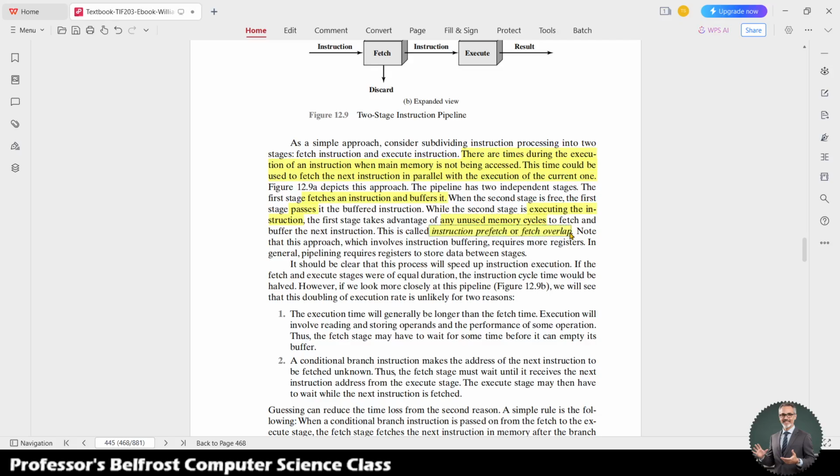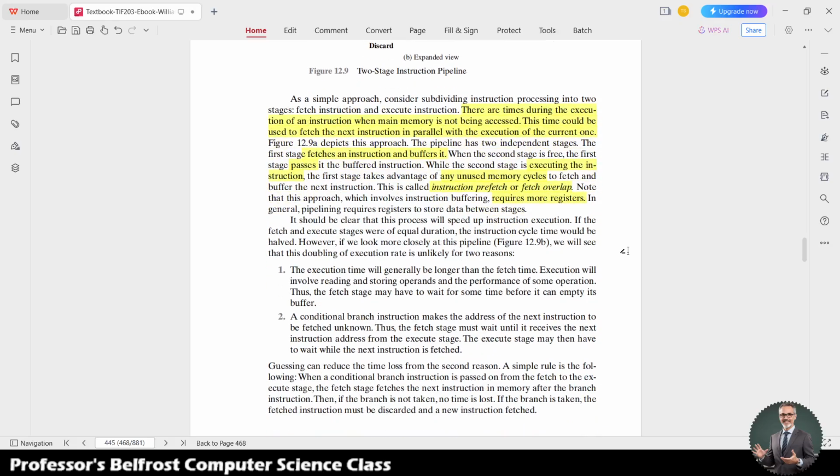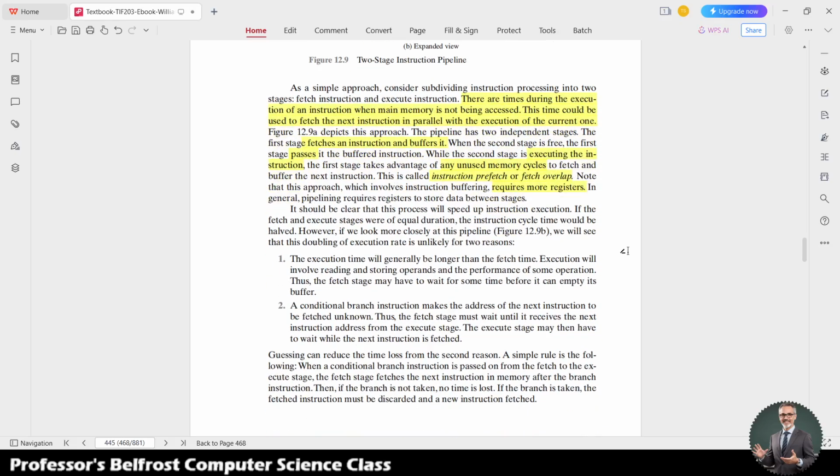This approach, which involves instruction buffering, requires more registers. So this is a drawback. In general, pipelining requires registers to store data between stages. It should be clear that this process will speed up instruction execution.